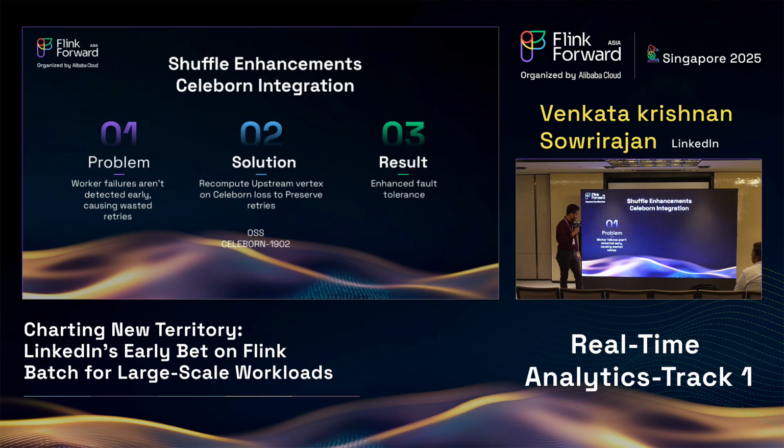Due to that, it continuously retried the same task on a different node, wasting the retries without making any progress. So we improved this. We enhanced the fault tolerance by surfacing the worker failures back to Flink so that it can immediately schedule recomputation of the missing data and thereby make progress. So this, on top of Scalable, enhanced the fault tolerance for this job further.